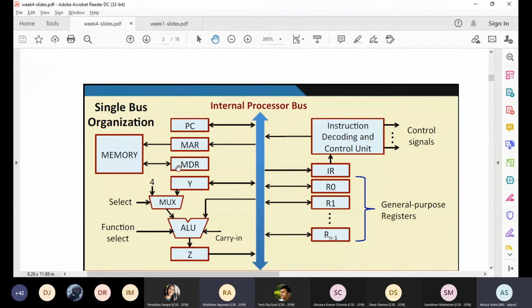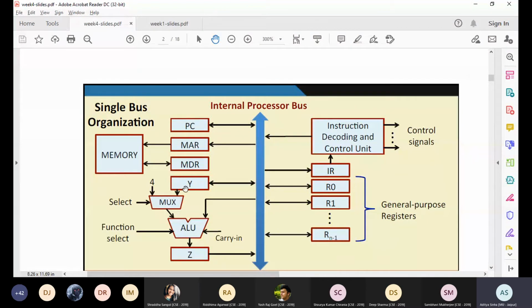Because data can be read as well as written in MDR, it should be bidirectional, and in MAR we give the address, saying write to this location or read from it. So is this clear with everyone? Why we have a bidirectional bus connected from the memory unit to MDR? Is this point clear with everyone? Yes, sir. Okay.